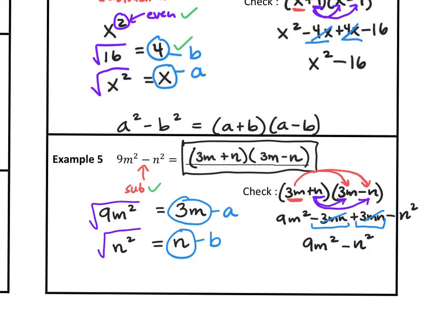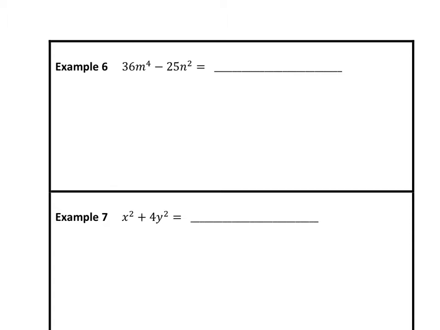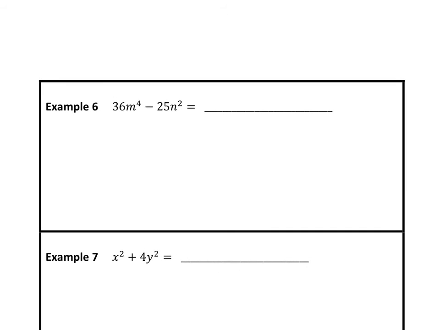All right, let's go to the next example. So again, I'm going to write the template up here. It says that a squared minus b squared equals a plus b and a minus b. Okay.